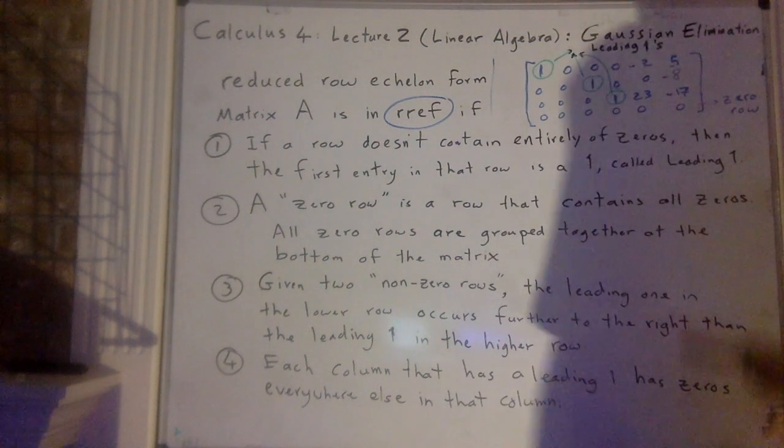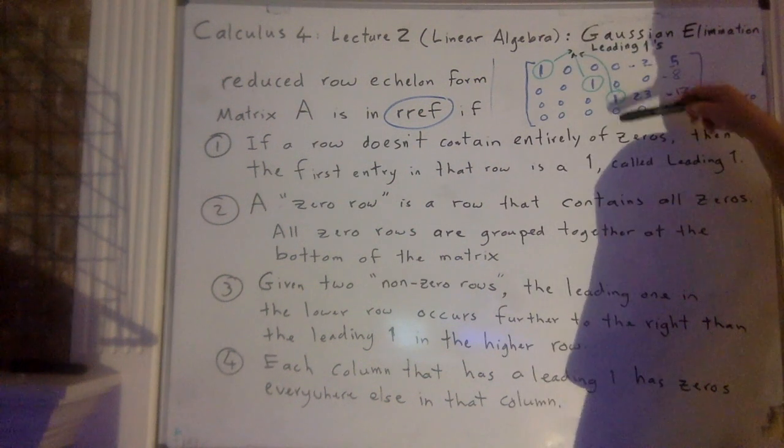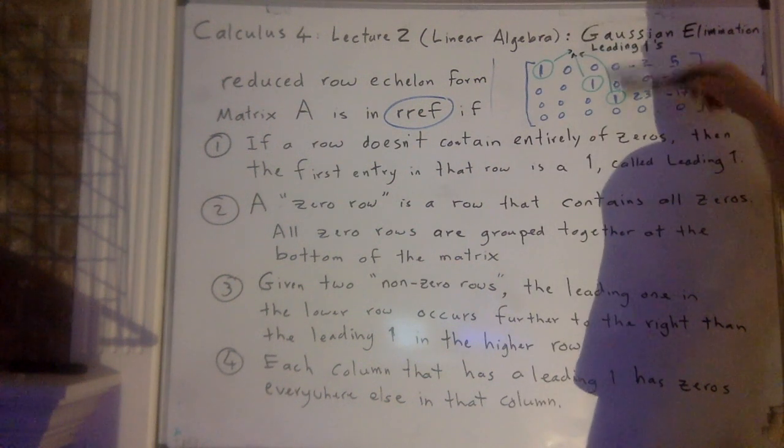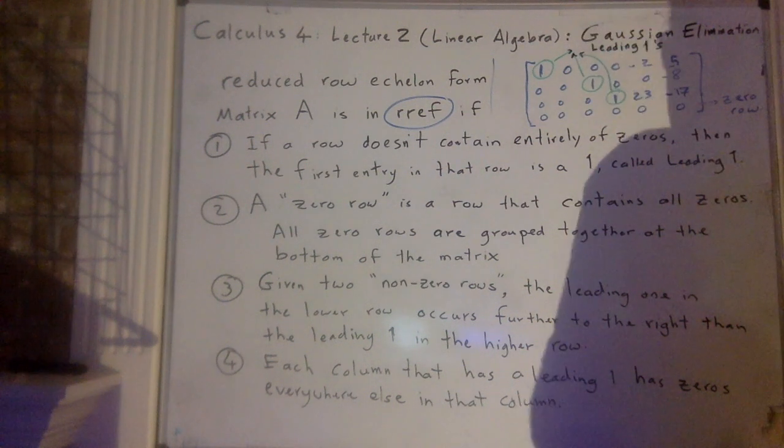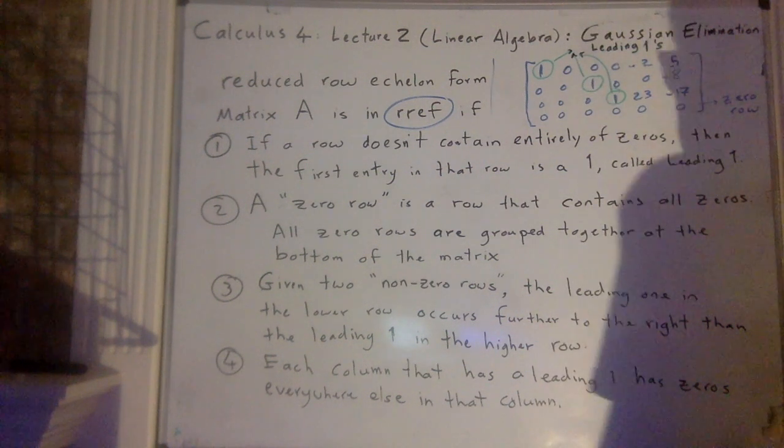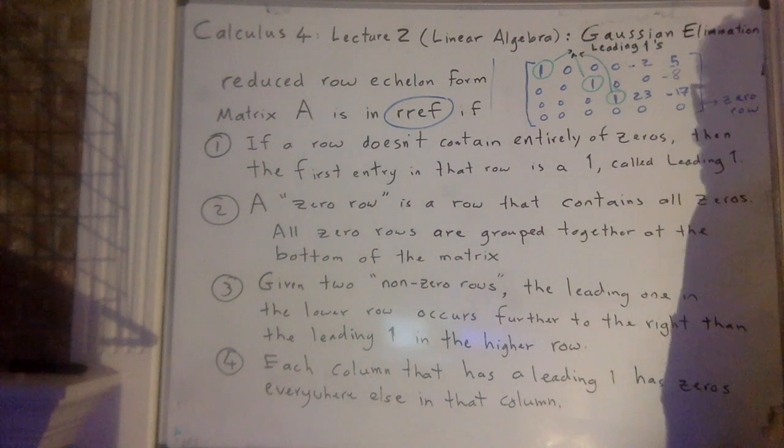And at the end, each column that has a leading one has nothing else. Okay? So everything else in that column is 0.